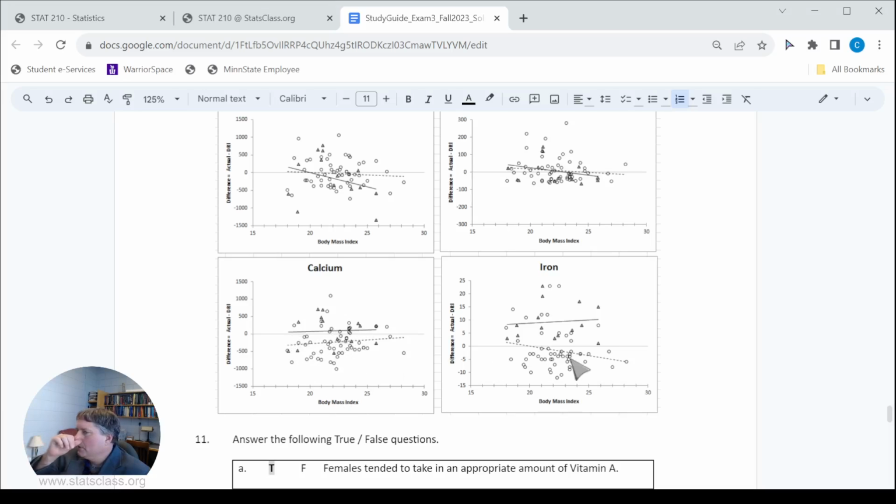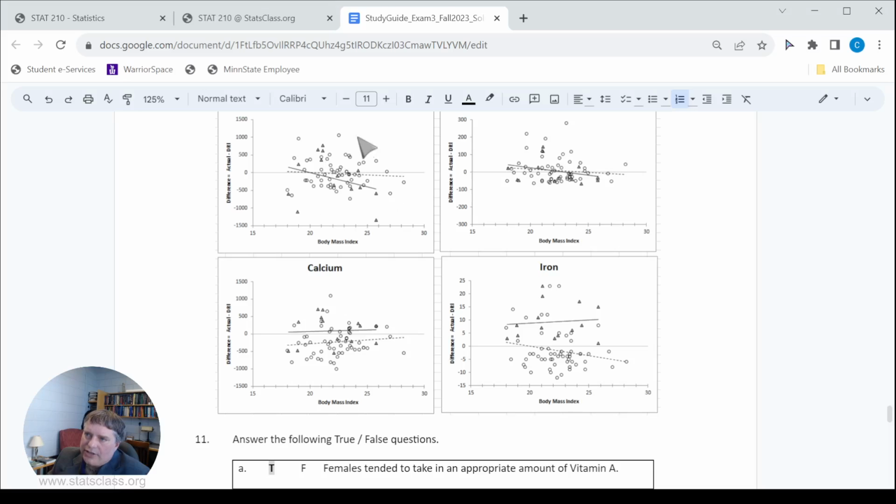Whereas in iron, that's not the case. The effect of gender is this gap here. That is different when the BMI is low compared to when BMI is high. When BMI is high here, that gap between the two lines is much bigger. So there is a gender effect when I look at iron. There is not a gender effect when I look at calcium.